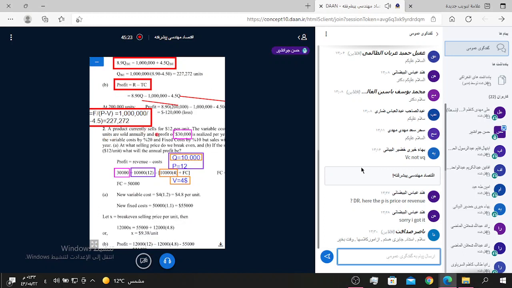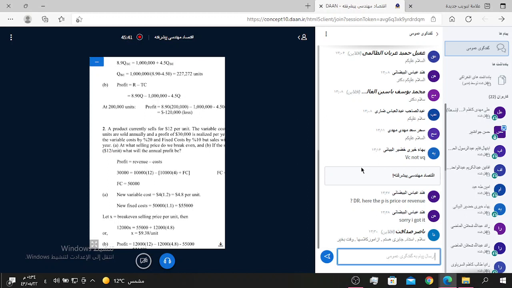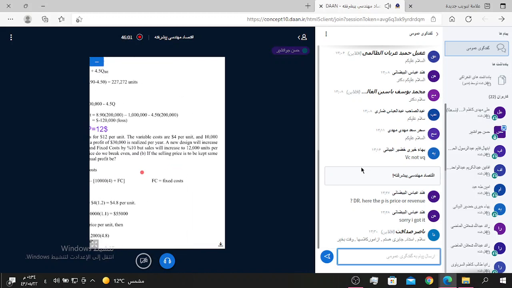The product currently sells for $12. P is $12. The variable costs are $4 per unit.